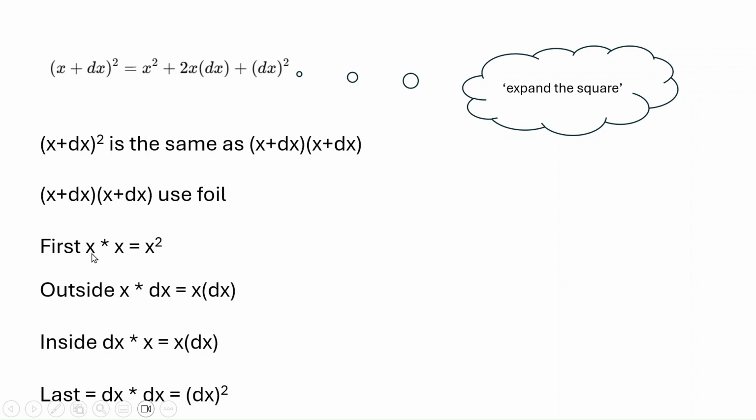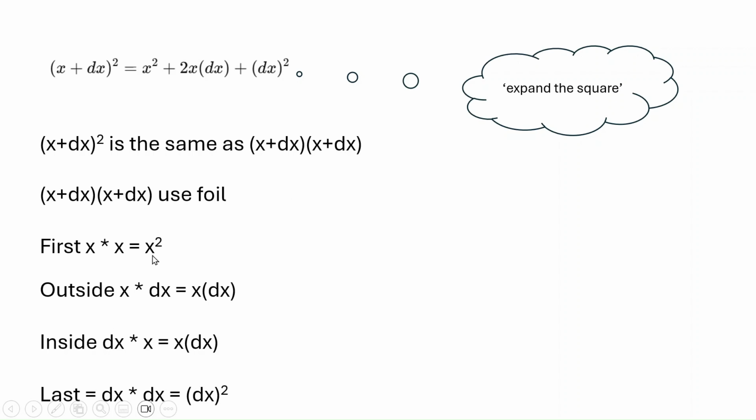The first two are x and x, which makes x squared. The outsides, x and dx, make x dx. The inside, a dx and an x, is exactly the same thing, so dx times x, which is x dx if I rearrange that slightly. And the last one is dx times dx, which is dx squared.